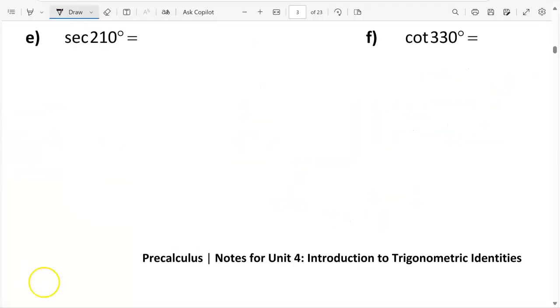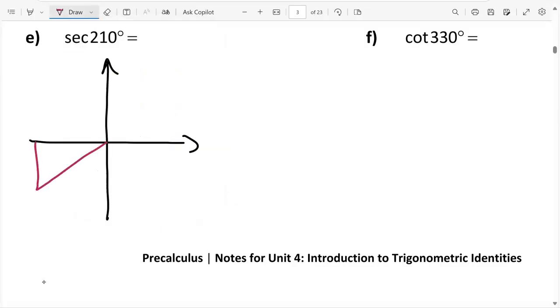For E, we're finding the secant of 210 degrees. And so that's going to be a third quadrant angle with a reference of 30 degrees. Opposite side will be -1, adjacent -square root of 3, and hypotenuse 2.